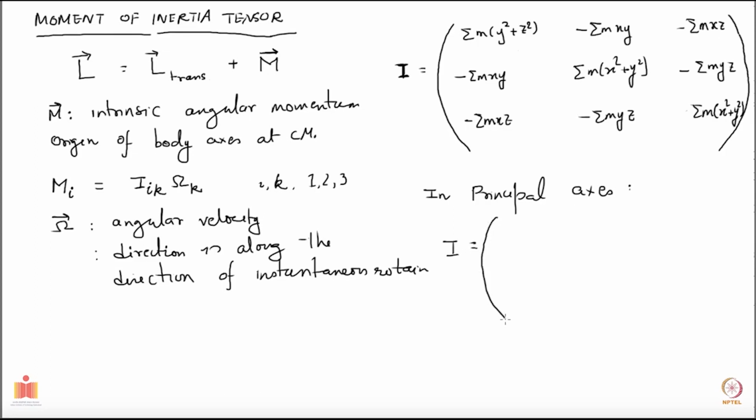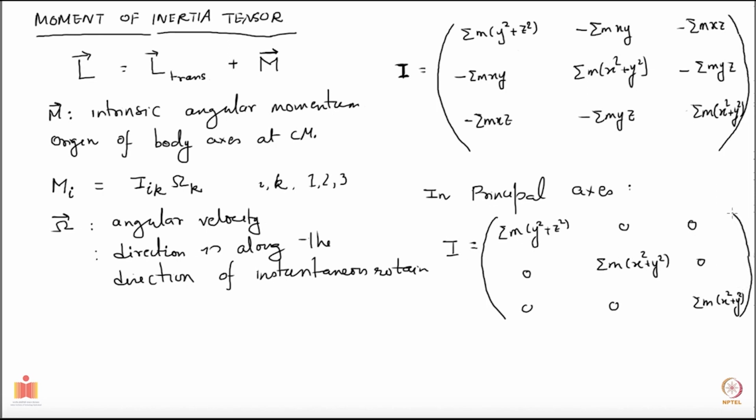And what would they be? They would be m (y square plus z square), 0, 0, 0, 0, 0, and the final entry would be... okay.